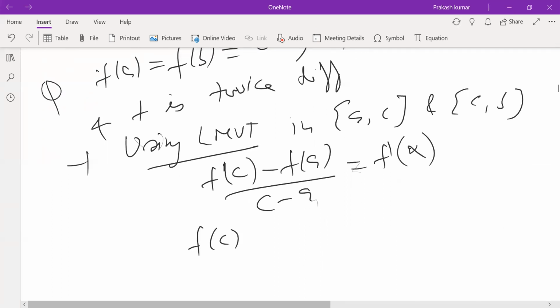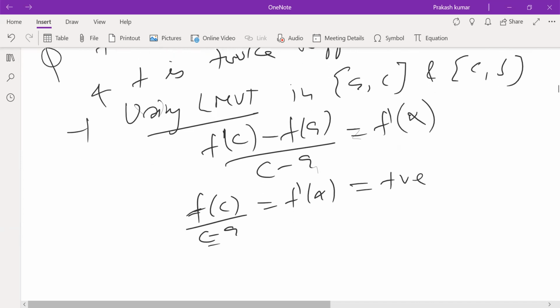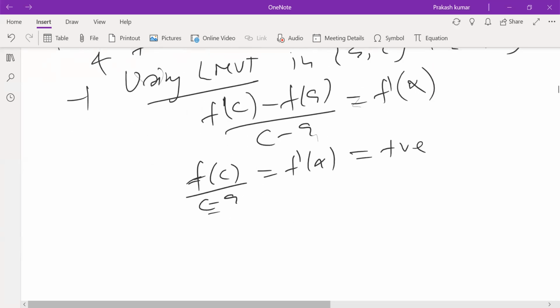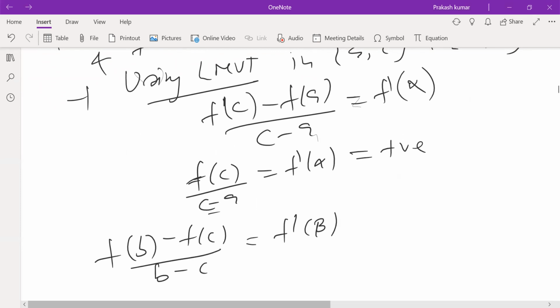So f(c) upon (c minus a) is equal to f'(alpha). f(c) is positive, we know that, and c minus a is also positive, we know this, right? So this is positive. This is the first thing. Now, second case: (f(b) minus f(c)) upon (b minus c) is equal to some f'(beta), right?